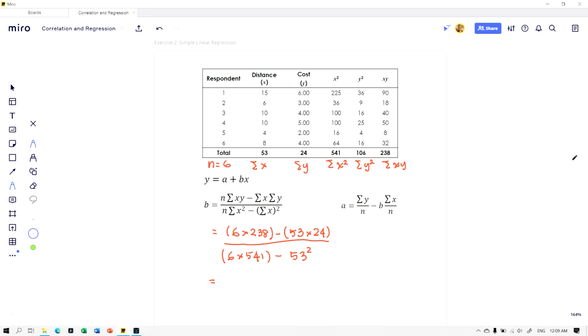This is equal to 1428 minus 1272, divided by 3246 minus 53 squared, which is equal to 2809.